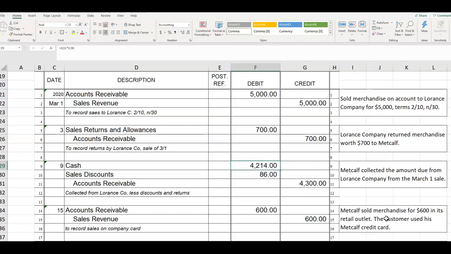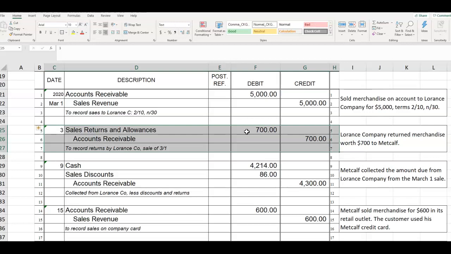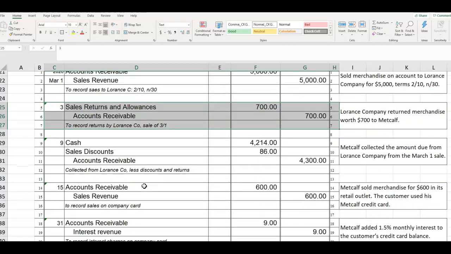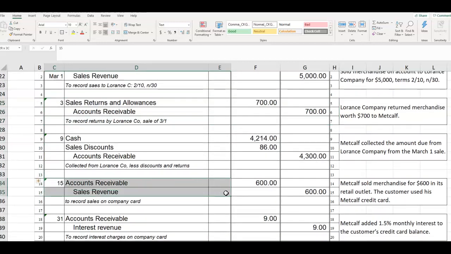And Metcalf sold merchandise for $600. Oh, I want to mention again, this sales return would also have a cost element to it. You would debit inventory and credit cost of goods sold for the cost of this merchandise that was returned.